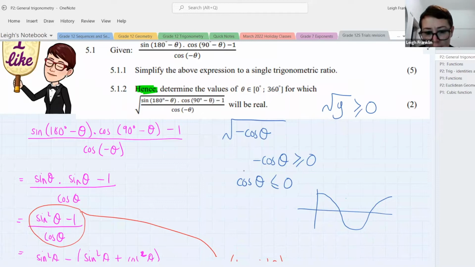Here this is 0, that's 90, that's 180, that's 270, and then back to there would be 360. So it's going to be negative between 90 and 270.